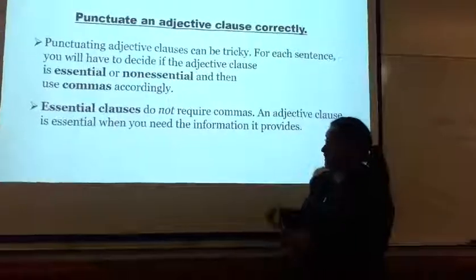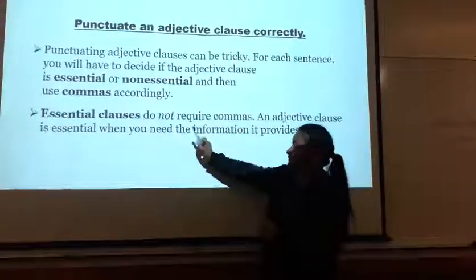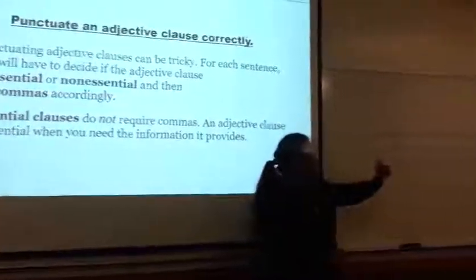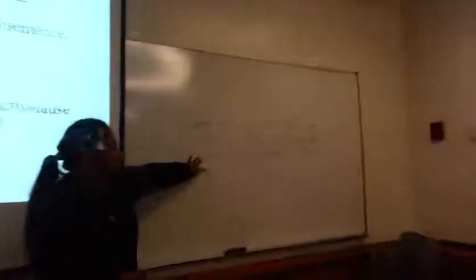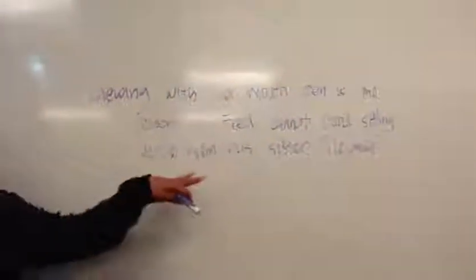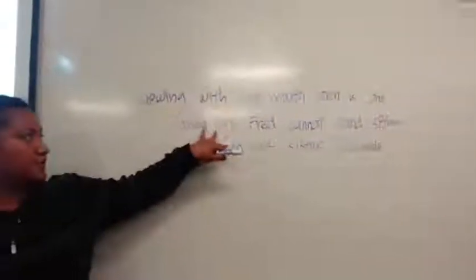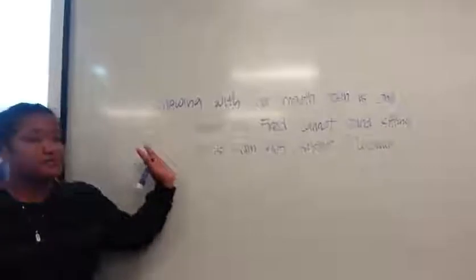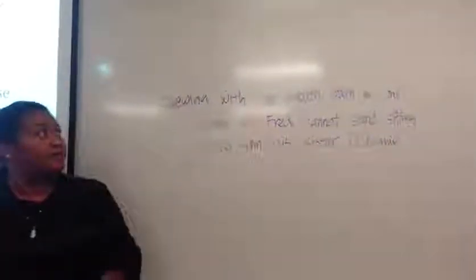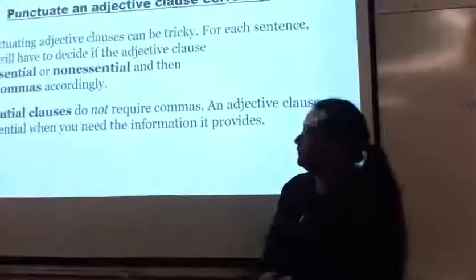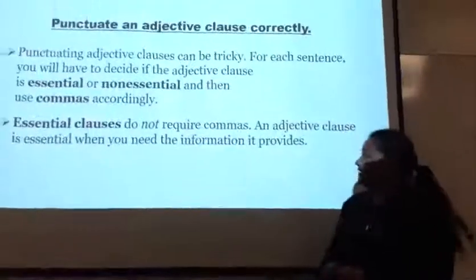Second, essential clauses do not require commas. Like the example here, the reason why Fred cannot stand sitting across from his sister Melanie. You notice that there is no comma here. So that means this is an essential clause, and you do not need a comma in that sentence.